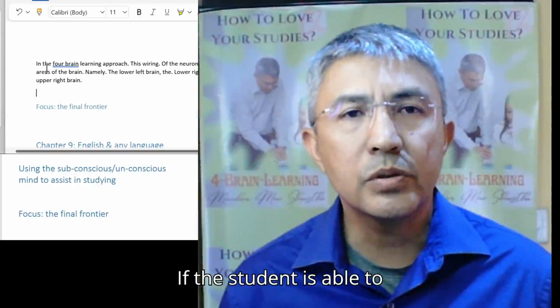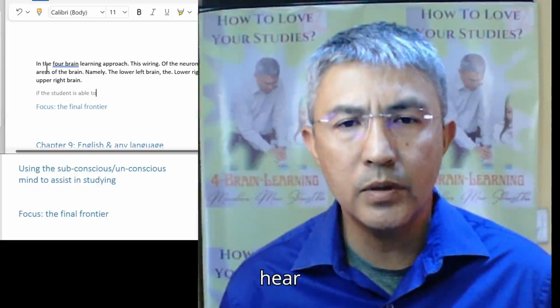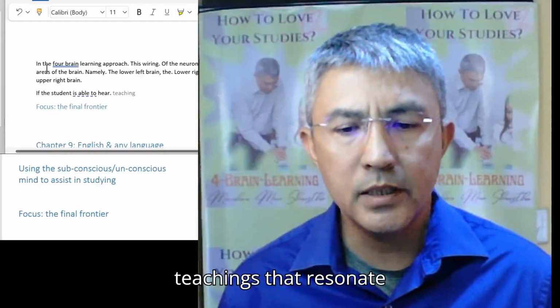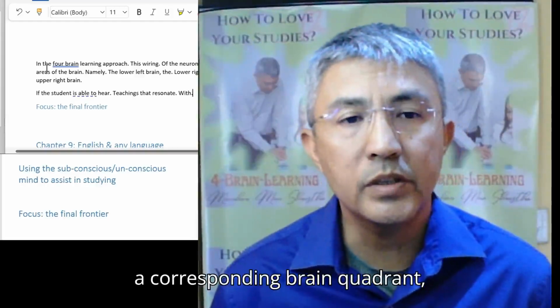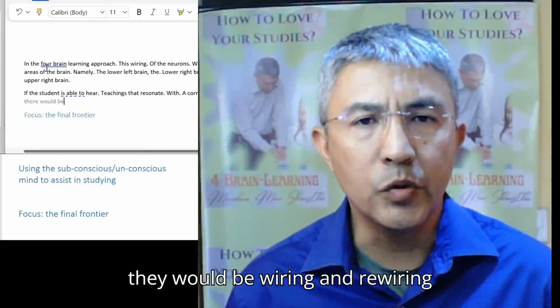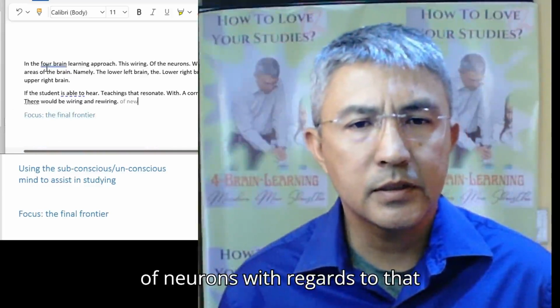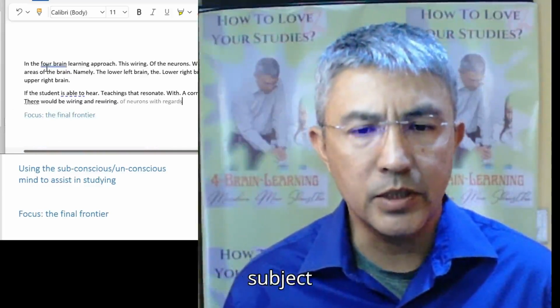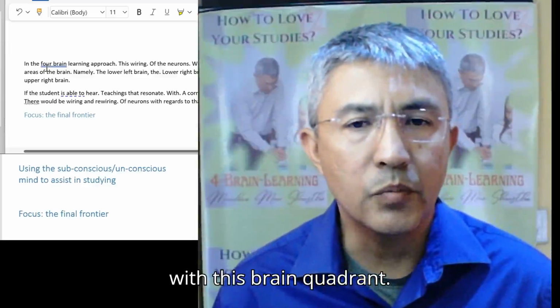If the student is able to hear teachings that resonate with a corresponding brain quadrant, then there would be wiring and rewiring of neurons with regards to that subject with this brain quadrant.